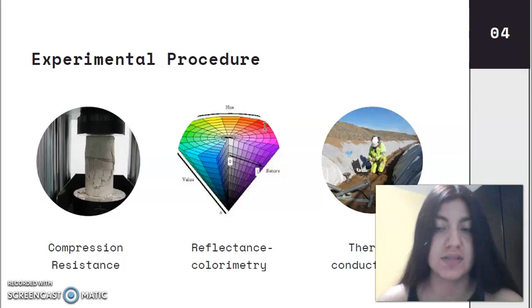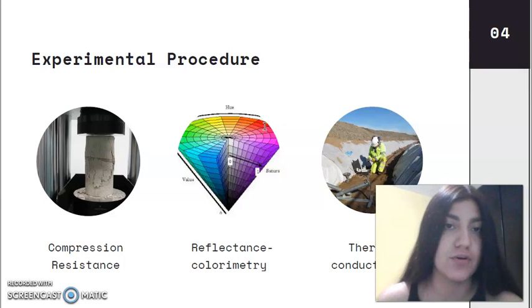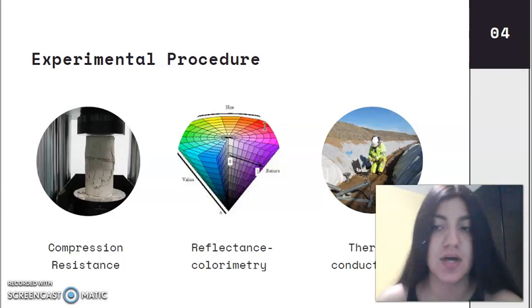The ISR tests were carried out by introducing the prepared mortar specimens into an autoclave at 130 degrees and 1.7 bar pressure for 5 hours in order to accelerate as much as possible alkali-silica reactions that could occur.